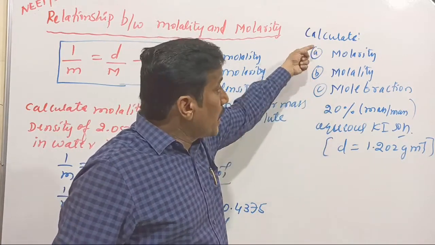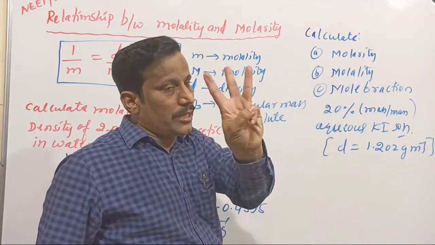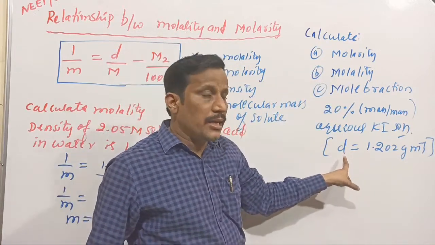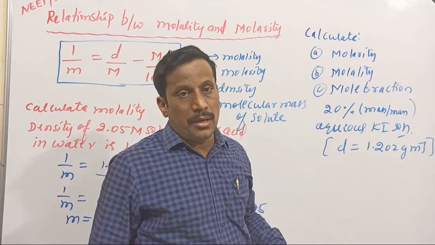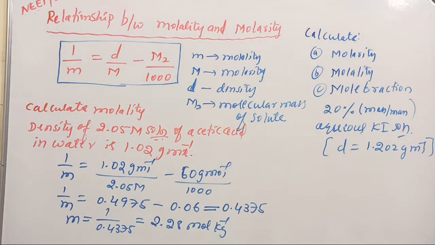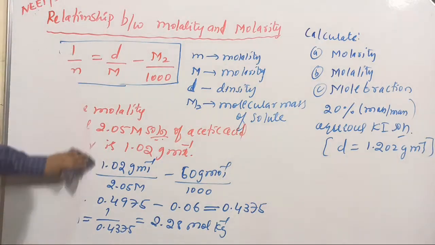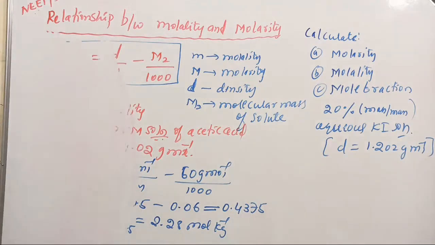They are asking you to calculate its molarity, molality and mole fraction, all three. The density of the potassium iodide solution is 1.202 gram per ml. Calculate that.